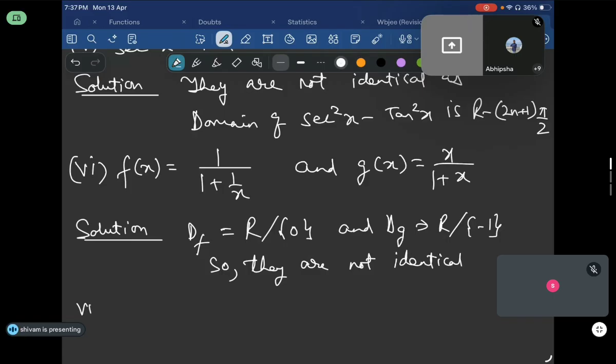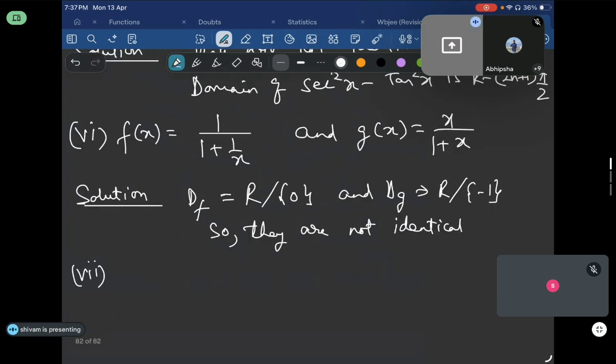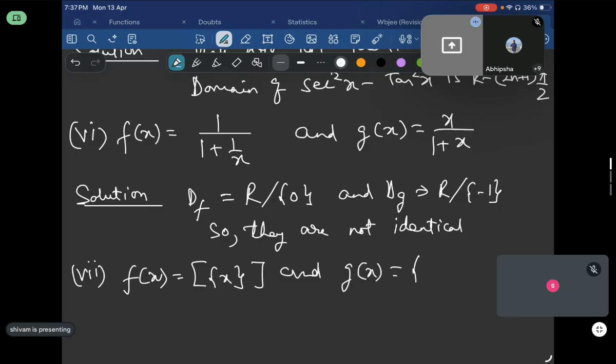Part 7. f of x is equal to box of fractional part of x, and g of x is equal to fractional part of box of x.